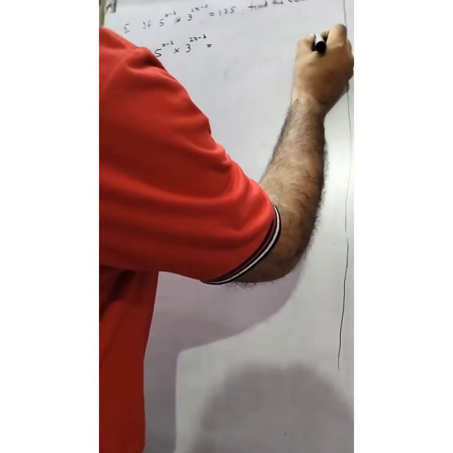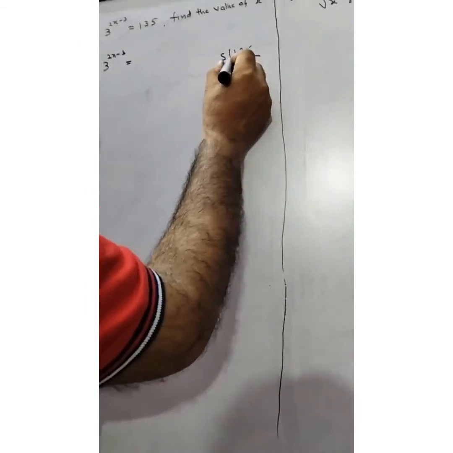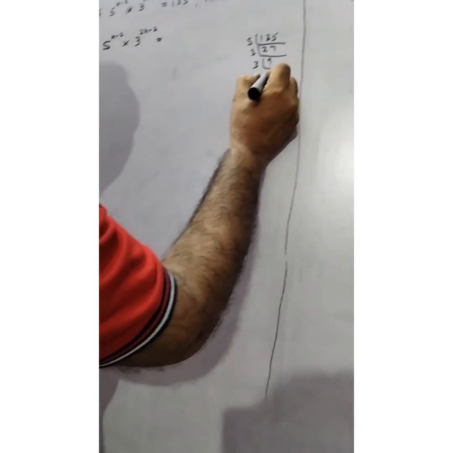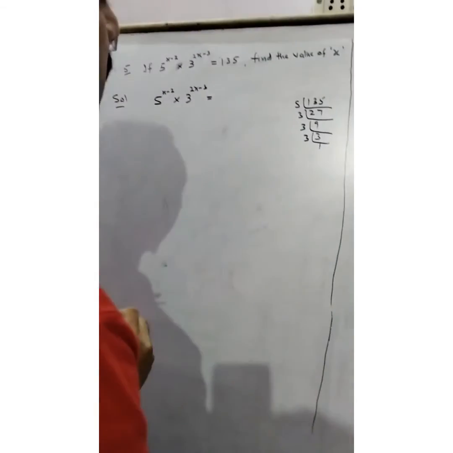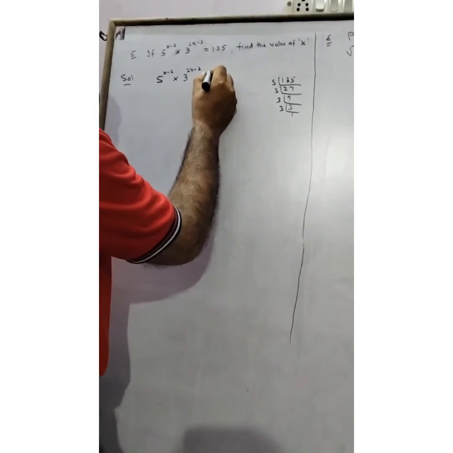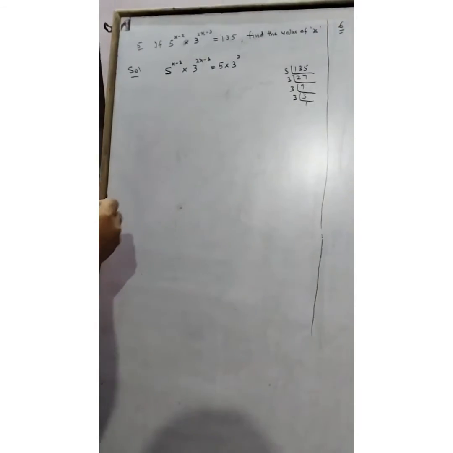Split 135. 5 fives are 25, 5 sevens are 35, 3 nines are 27, and so on. Now we can write 135 as 5 into 3 raised to power 3.